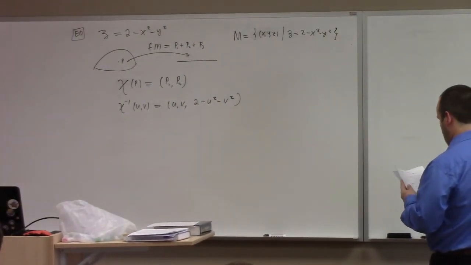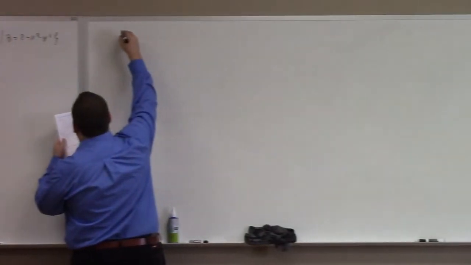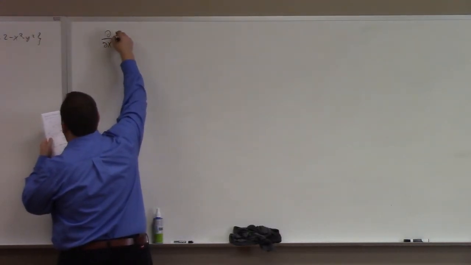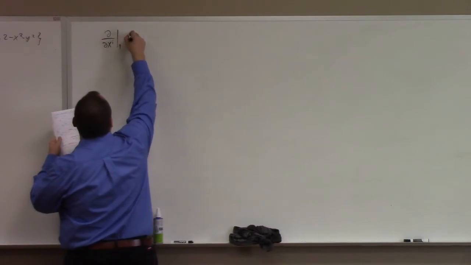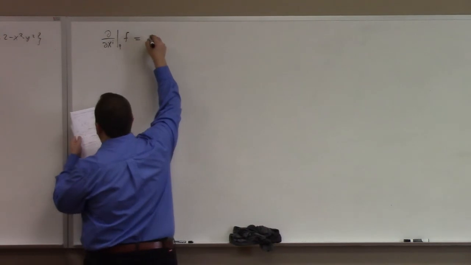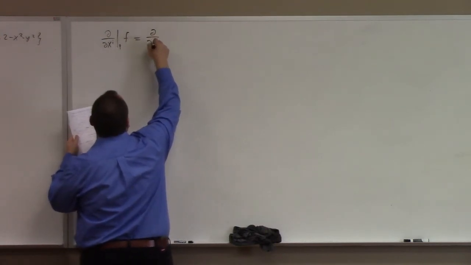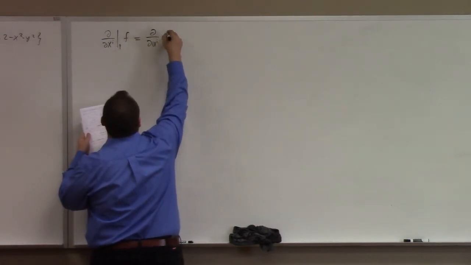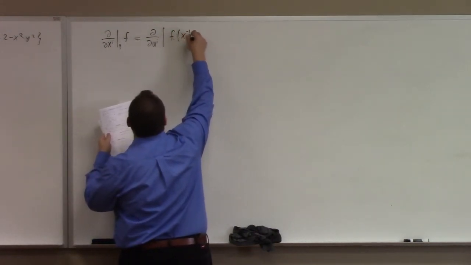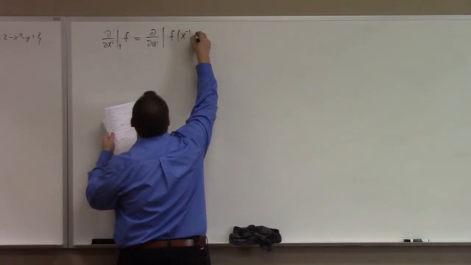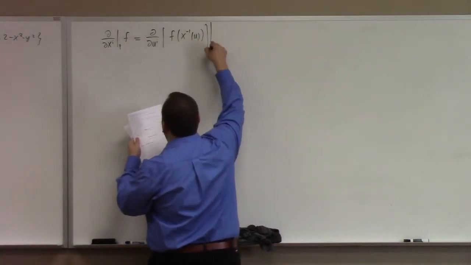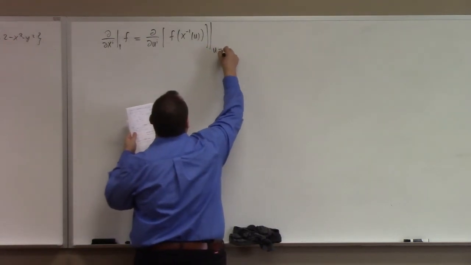Partial x_i at p of f is equal to partial u_i of f of chi inverse of u. And afterwards, we put u equal to chi of p.